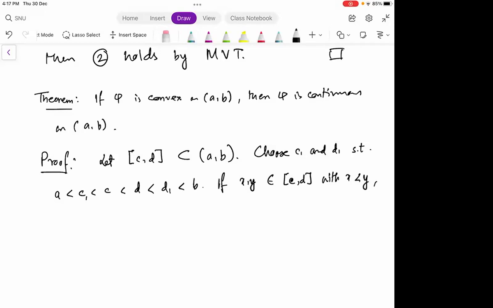So note that C less than X less than D. So C1 is below C, below X, below D, below D1.